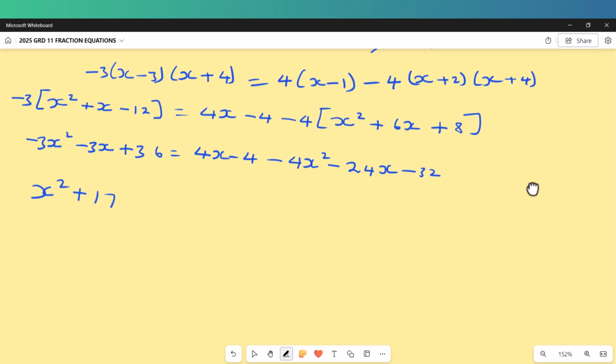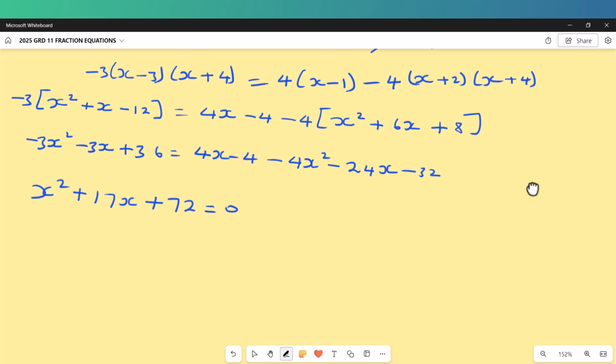What about the constants now? Negative 4 with negative 32 makes negative 36, which becomes positive this side to make 72. So plus 72 here equals to 0.